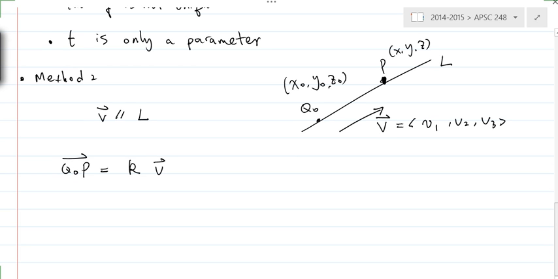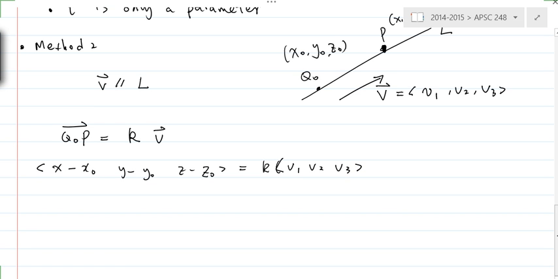Then we can construct our parametric equation for the line. This side is x minus x naught, y minus y naught, and z minus z naught, equal to k times v1, v2, v3.